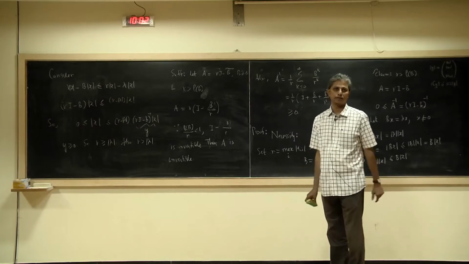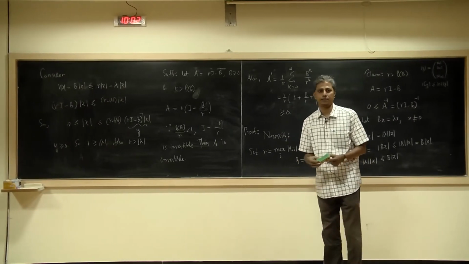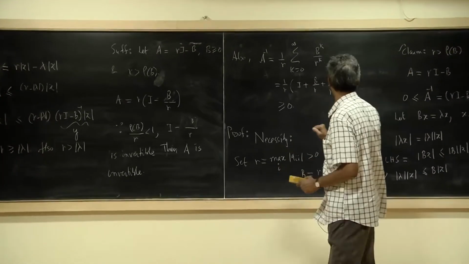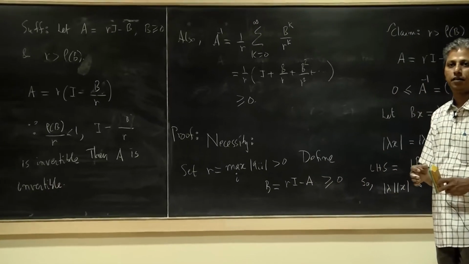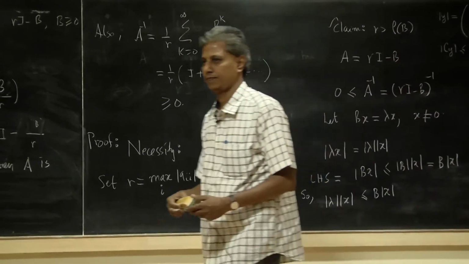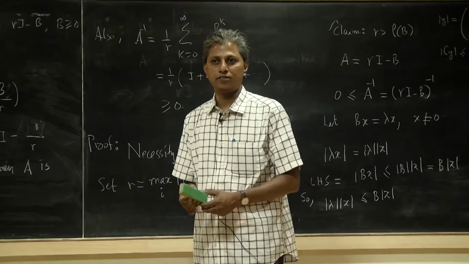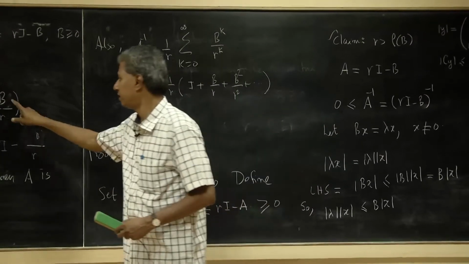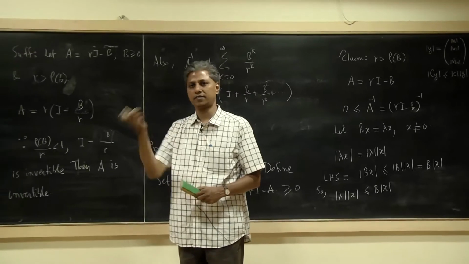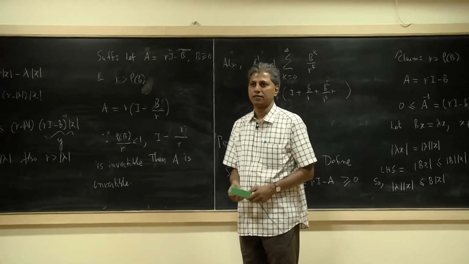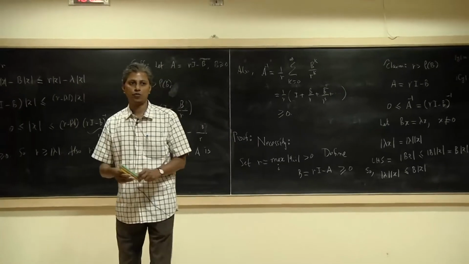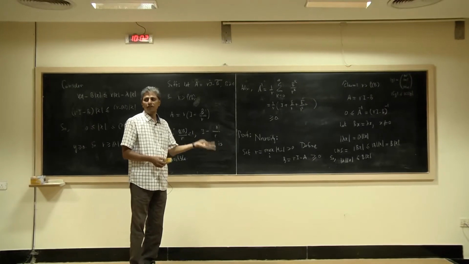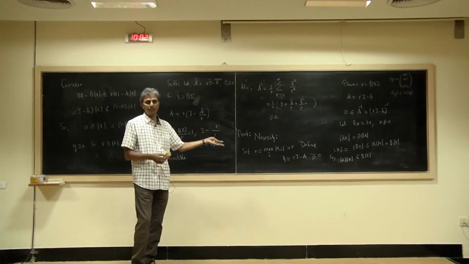So this is one important characterization for an invertible M-matrix. A Z-matrix is an invertible M-matrix if and only if it can be written in this manner: RI minus B, where R is strictly greater than the spectral radius of B. Now this, spectral radius of B by R less than 1, connects us nicely to iterative methods like Jacobi, Gauss-Seidel, successive over-relaxation method, etc., which in turn help us to solve equations of the type Ax equal to b when A is an invertible M-matrix.